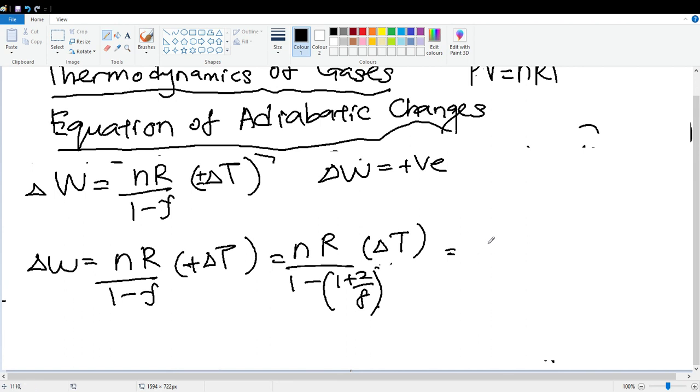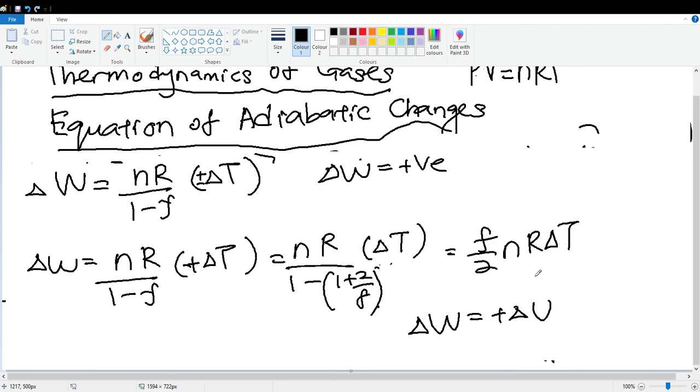So what I get is F over 2 nR delta T. So I can conclude that the internal energy of the ideal gas is increasing. This is how we prove the increase in internal energy of the ideal gas during adiabatic compression.